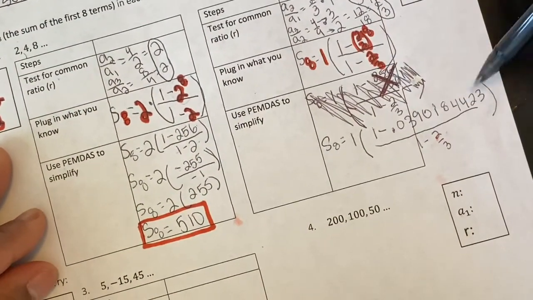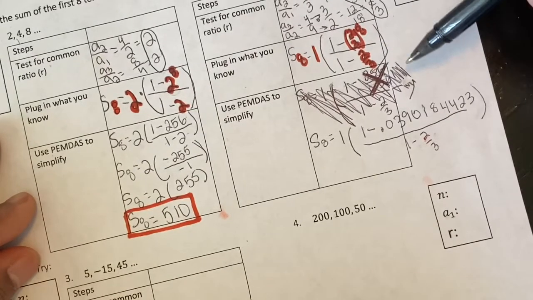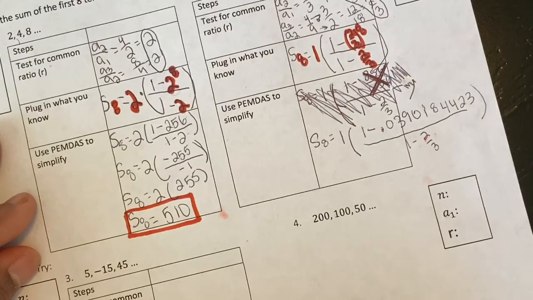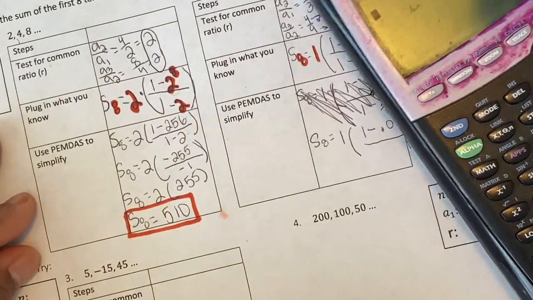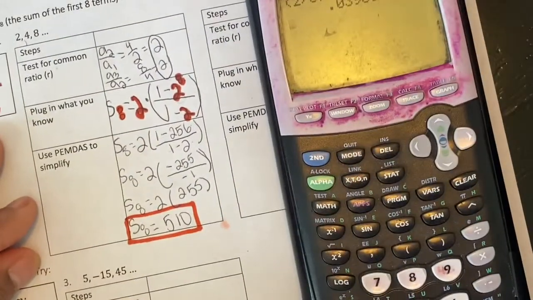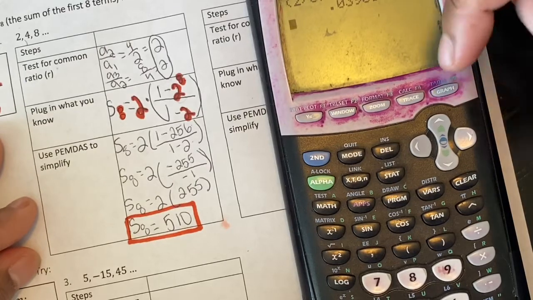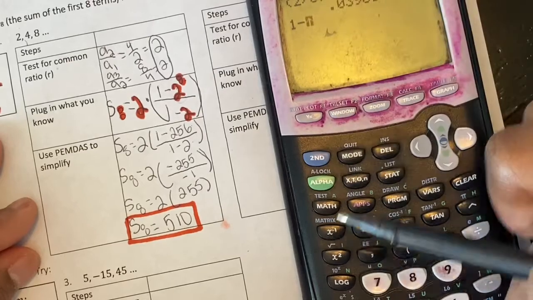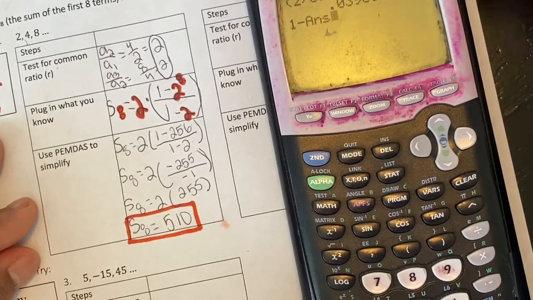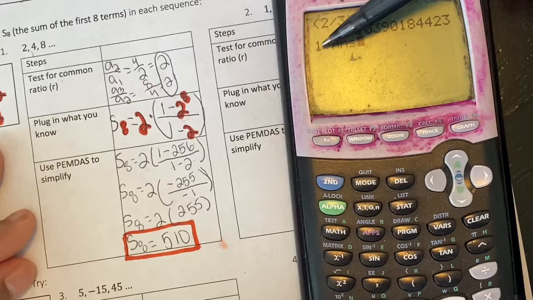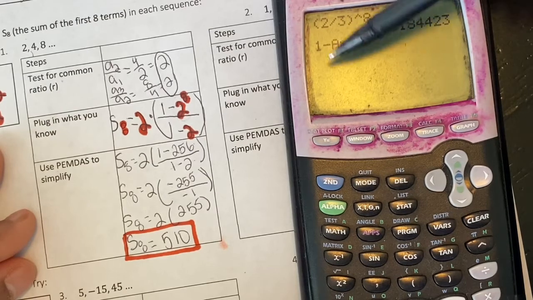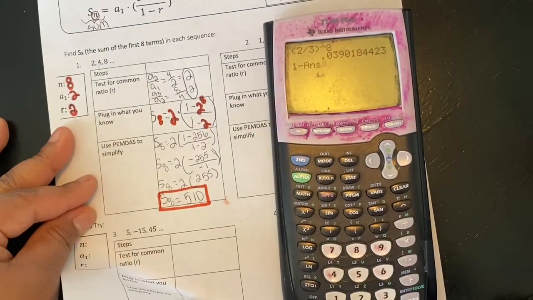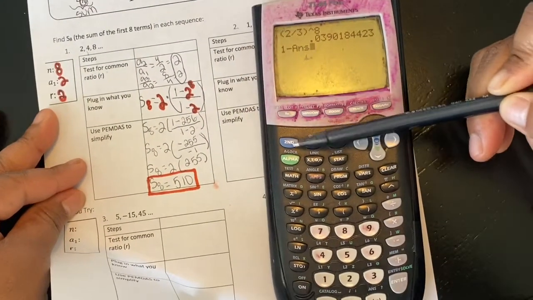Now that I did my exponent, I can simplify my numerator and denominator. So 1 minus this number. Since I'm using a graphing calculator, I'm just going to do 1 minus the last answer. I pressed second, answer.